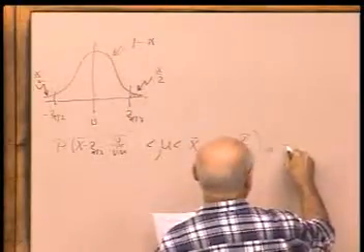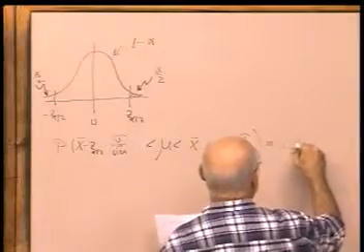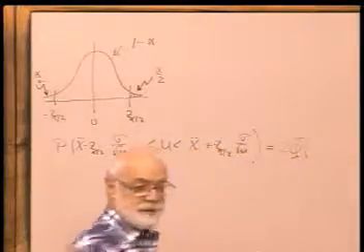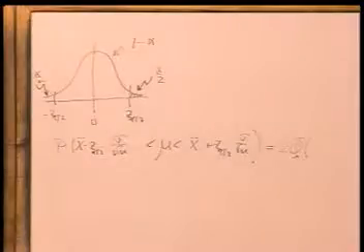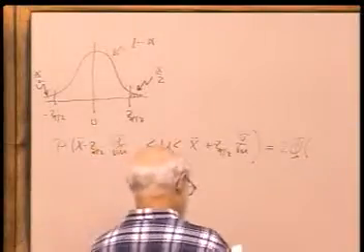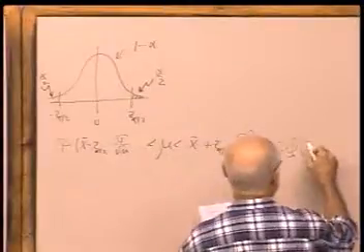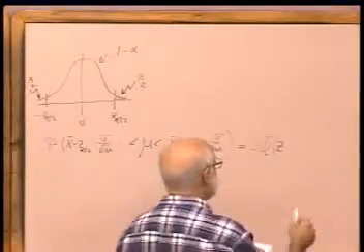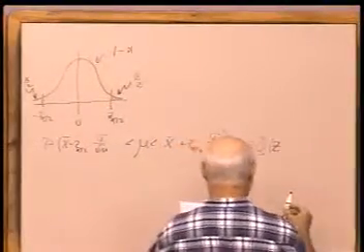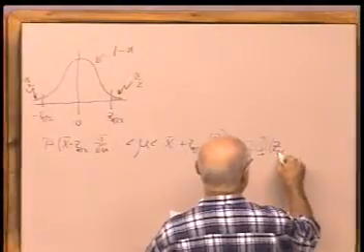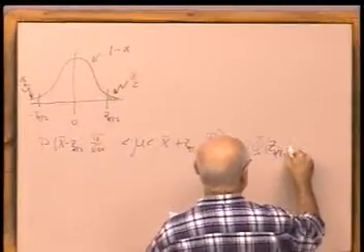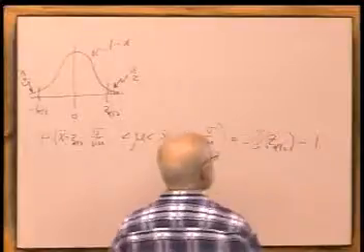From the central limit theorem, that's equal to 2 times capital phi of z sub alpha over 2 minus 1.